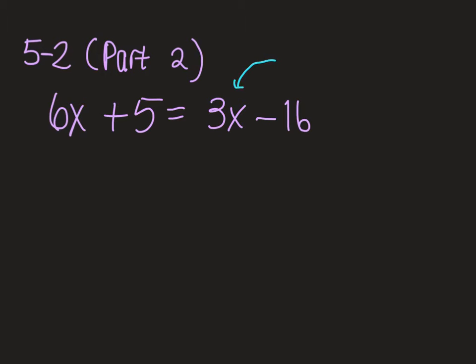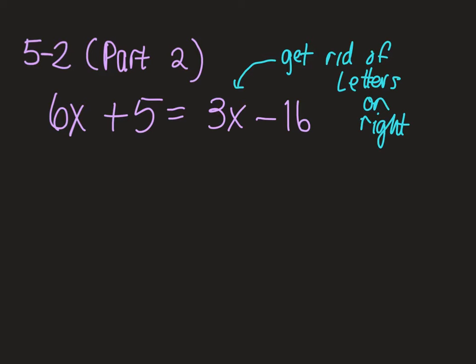My best advice: students do the best when they get rid of letters that are on the right. Now sometimes the book will rewrite it, so they might put the 3x back here, but I'm considering this the right side, because here's my equal sign: left side, right side.